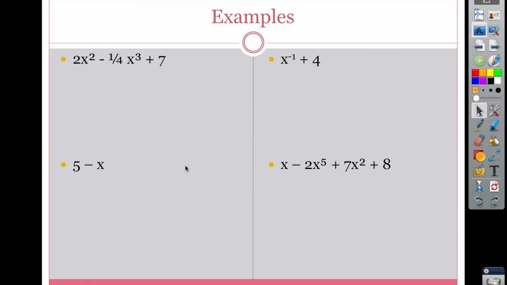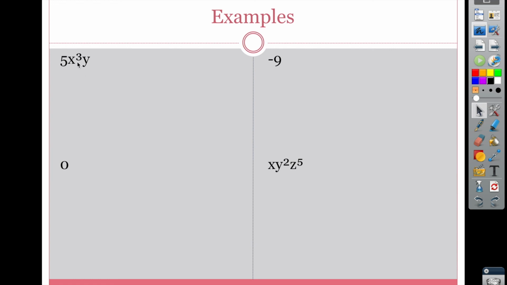Ready for more examples? Okay. 5x to the third y. There are two different variables, so you have to add the exponents. So we have the exponents 3 and 1.